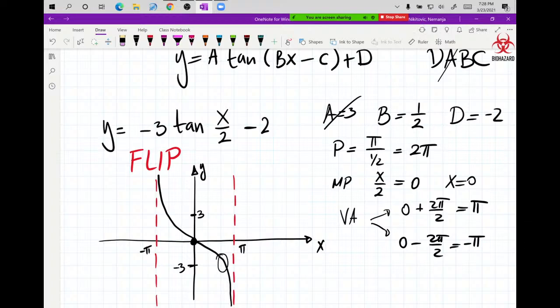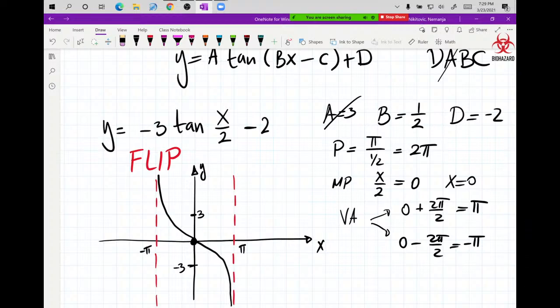You see how it kind of curves downward, and then the same place over here kind of curves upward. That's where you put your 3 and -3, because that's the amplitude for this particular problem. And there's your graph of tangent.